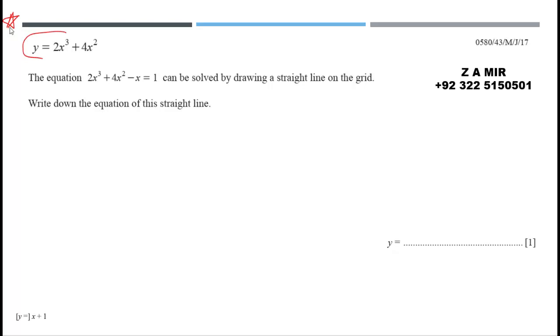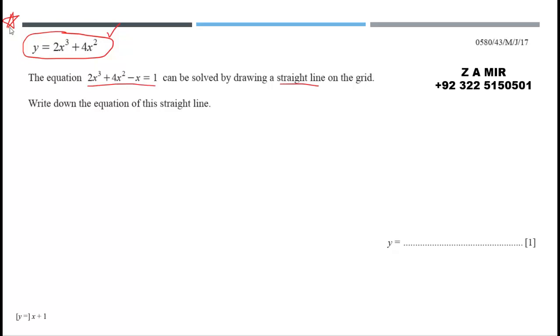This equation, we have drawn the graph of this already in the last step. Now what we have to do, this cubic equation can be solved by drawing a straight line on the grid. So this graph is already drawn, and now we have to draw another straight line on the same graph paper, and then we see where these two graphs intersect each other.